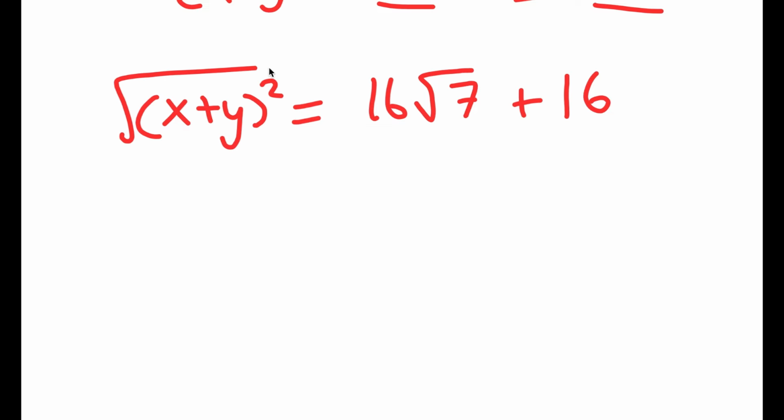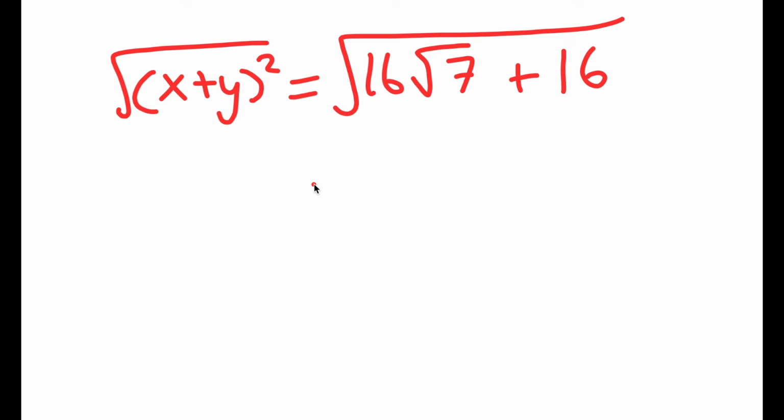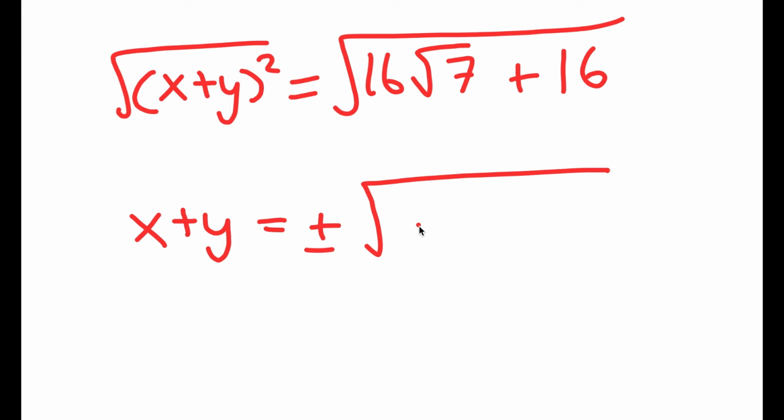And now if I take the square root of both sides, I get that x plus y is equal to positive or negative square root of 16 times (1 plus root 17).